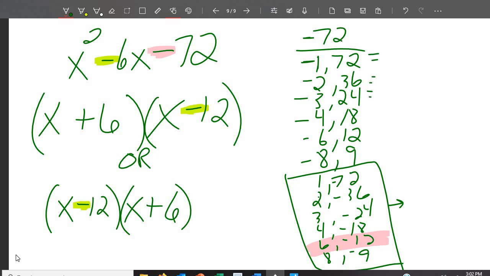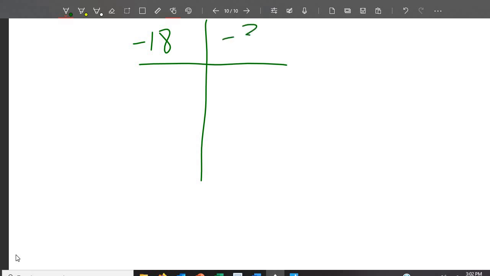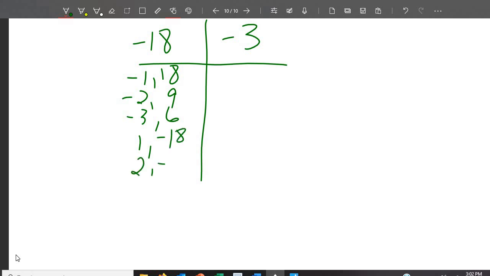If it helps, you could do a little table. Let's say I had, I don't know, I'll do negative 18 again. And let's say I'm looking for negative 3. So we list all the factors. Once I get them all listed, I'm going to add them up in this column. So this is where we multiply.